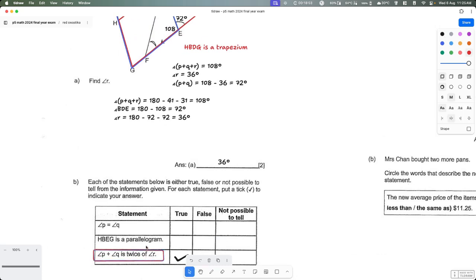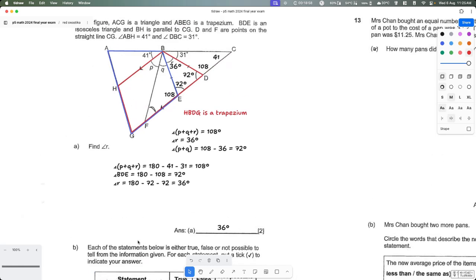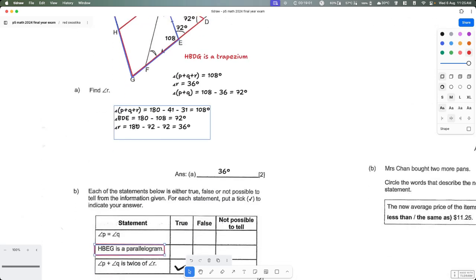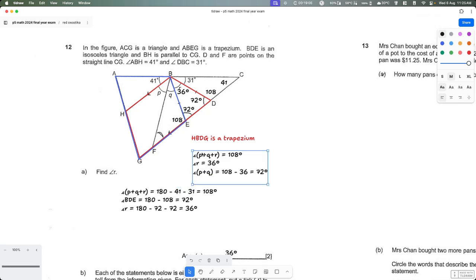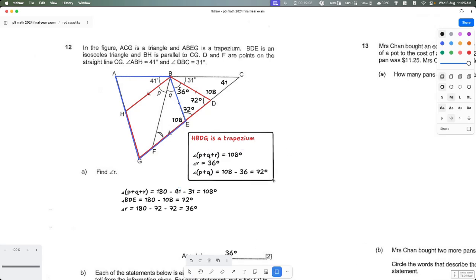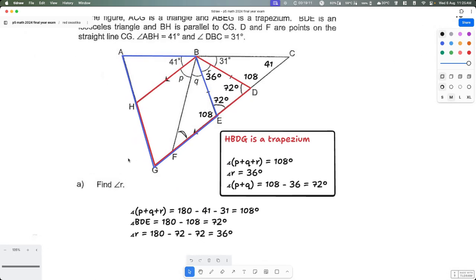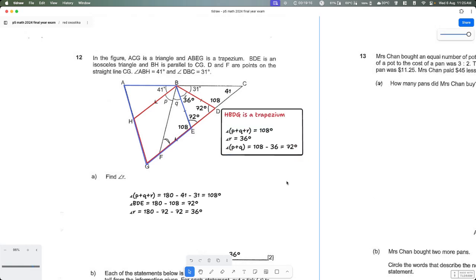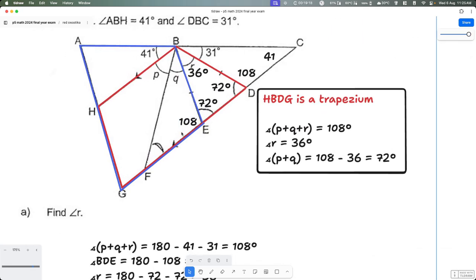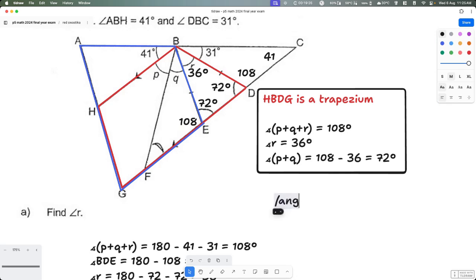Okay, so next one, let's move on to this one. HBEG is a parallelogram. I'm just going to put this as a rectangle like this. We know that ABEG is a trapezium, so angle ABEG is 108.